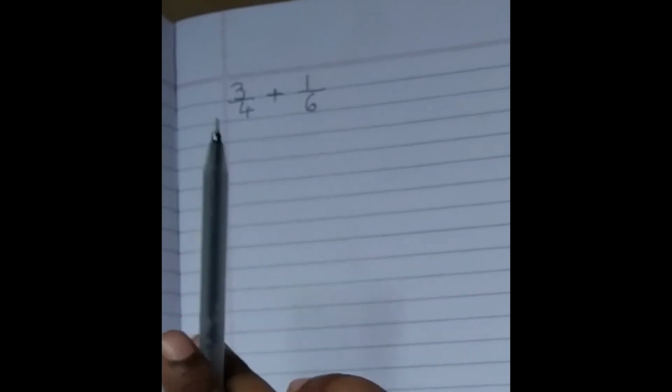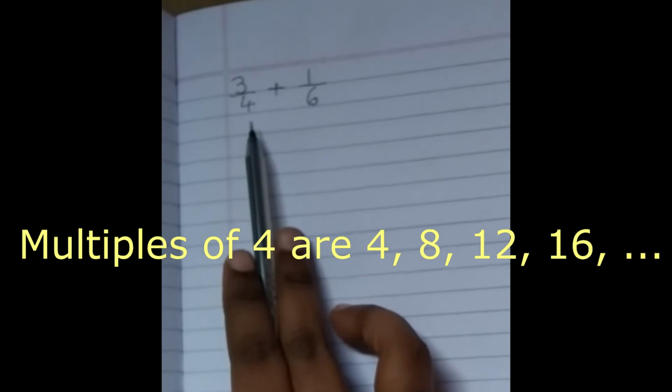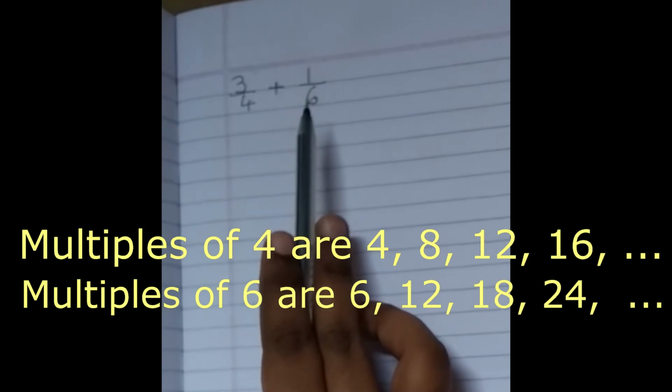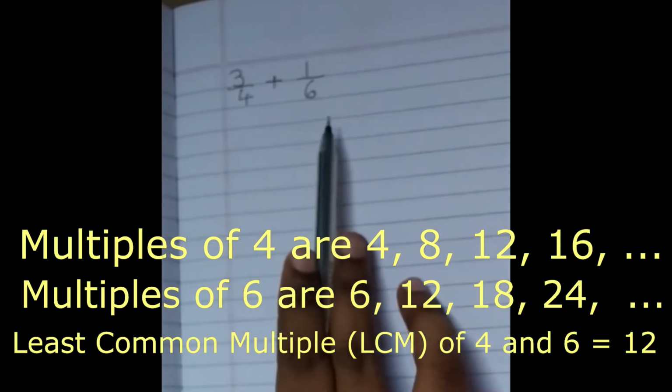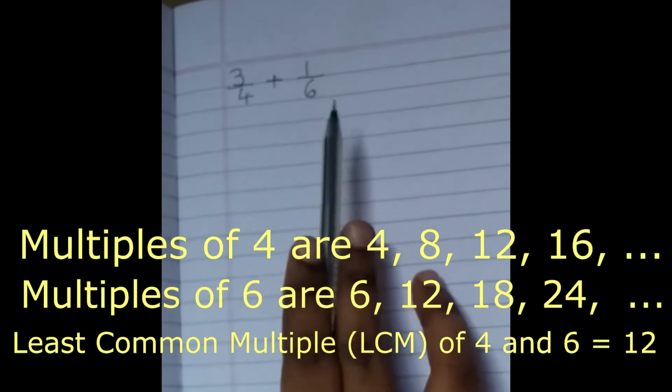LCM means least common multiple. Multiples of 4 are 4, 8, 12, 16 and so on, and multiples of 6 are 6, 12, 18, 24 and so on. The least common multiple, that is the LCM of 4 and 6, is 12.